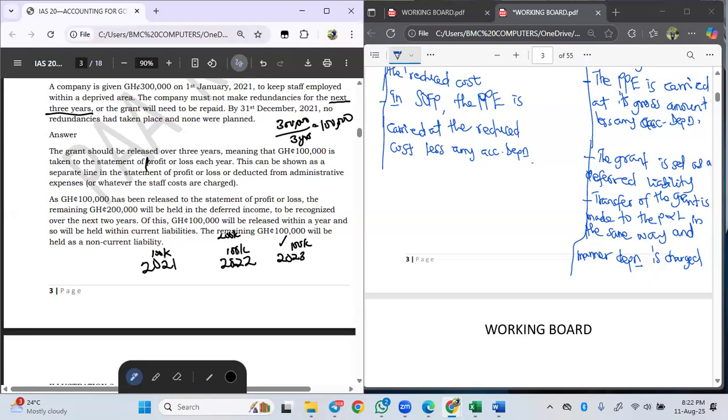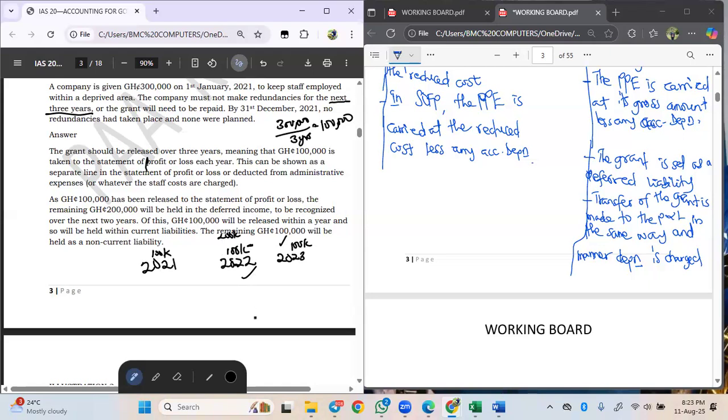And this is how you split the deferred income on the liability to the current portion and non-current liability. So the one that will be released within a year is what? 2022, because from 2021 we're going to 2022. That's 1 year. So this 100,000 here will be shown as what? A current liability.